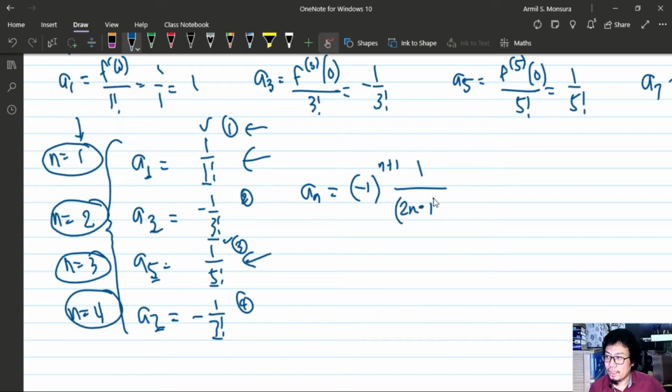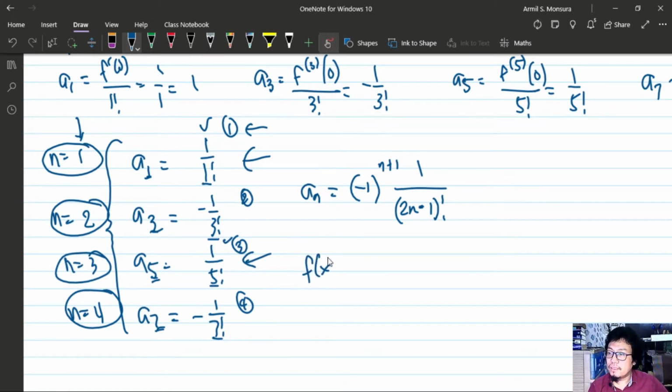So we will have to take its factorial then. Now, this is the nth term for the coefficients. But how about forming the entire Maclaurin series? The Maclaurin series will then be written this way.